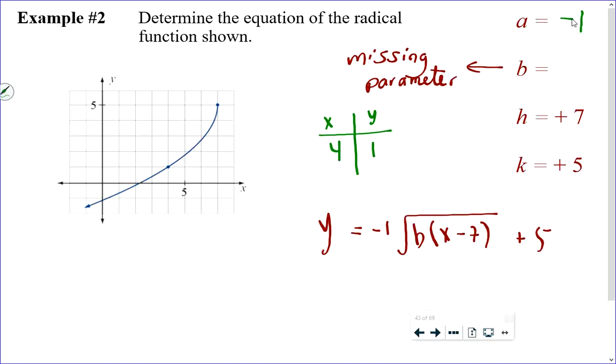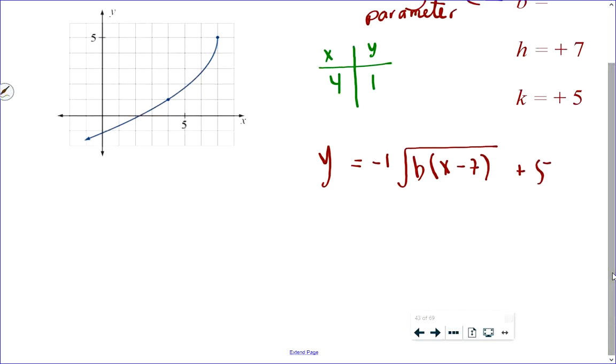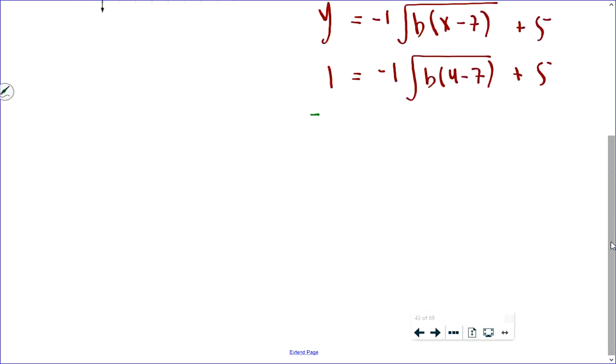So I'm going to put in 1 for y, 4 for x, and I'm going to solve this for b. So the first thing I'm going to do is subtract 5 from both sides. When I subtract 5 from both sides, I'm going to show my work here, although part of me doesn't feel I need to, but I'm just going to show it.